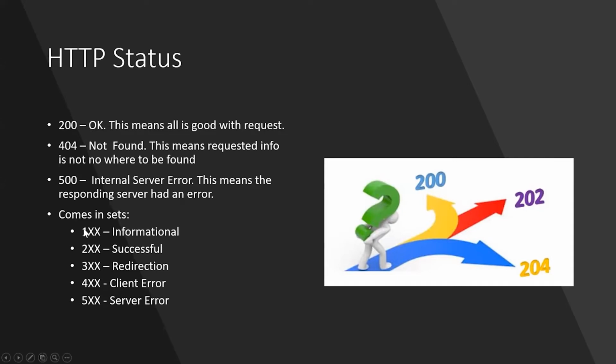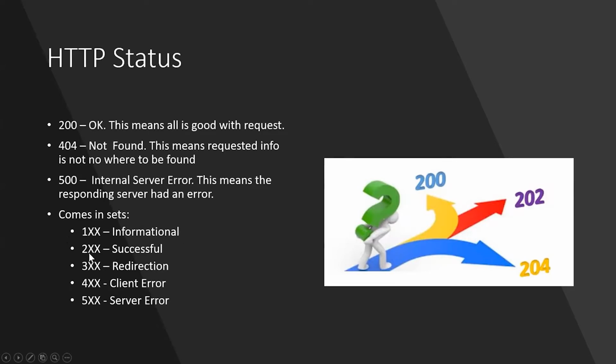So for the 100 requests, so 101, 102, 103, and so on, they're going to be informational statuses. And these are all HTTP protocol. This is widely known in web development, something all web developers are going to know because it's a standard protocol for HTTP.